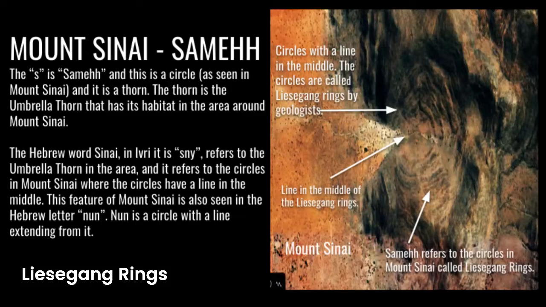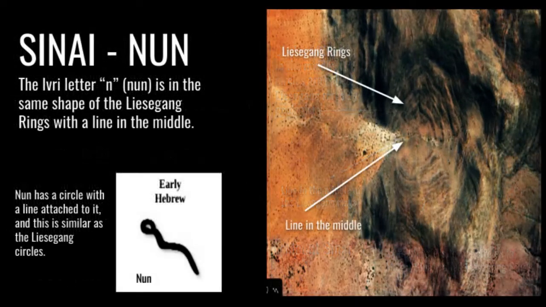This feature of Liesegang rings in Mount Sinai is also seen in the Hebrew letter Nun, and it is seen in the Hebrew letter Samak. In the Hebrew letter Nun, there is a circle with a line extending from it. In the original Black Hebrews, whenever they use their Ivri language, they always use it in two ways.